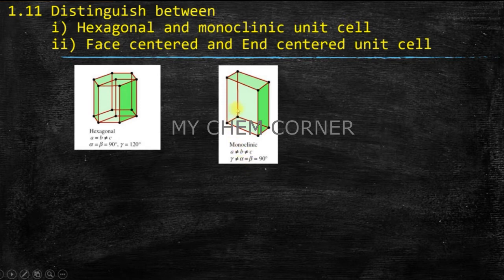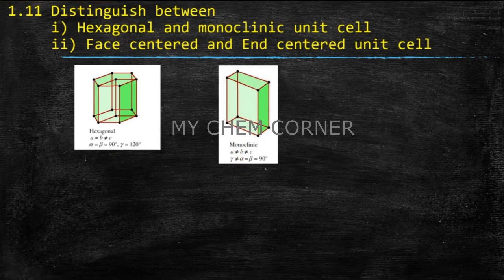Here alpha and gamma are 90 degrees, but beta is not equal to them. So here, if you see the difference between them, they're way different when compared to each other. Hexagonal has a different bond angle and edge length. Monoclinic has a different bond angle and edge length.